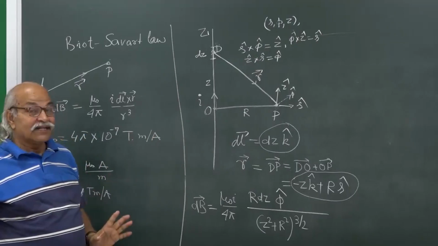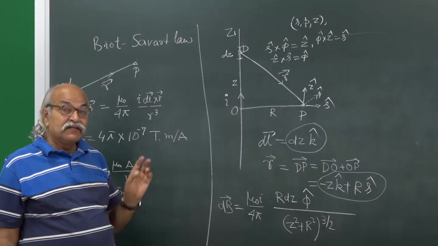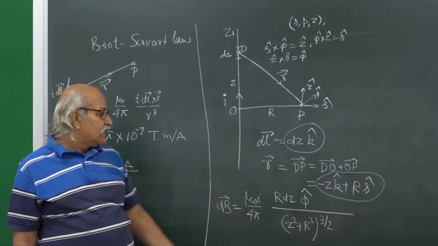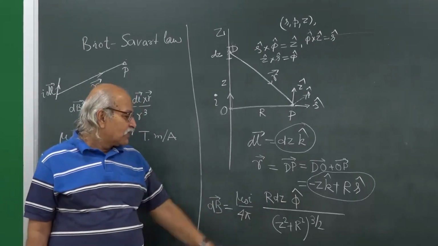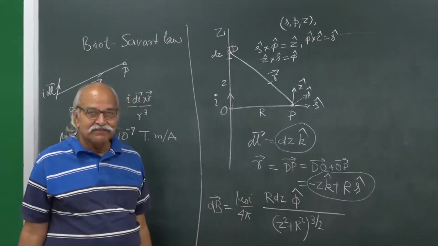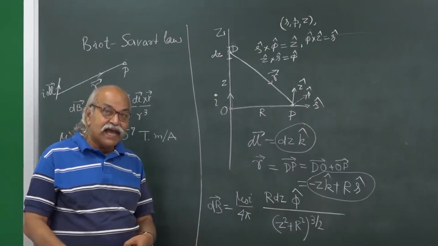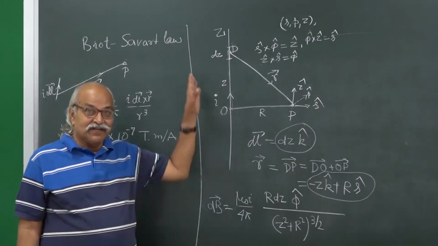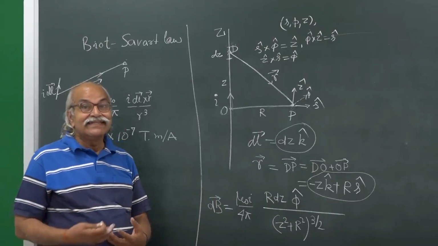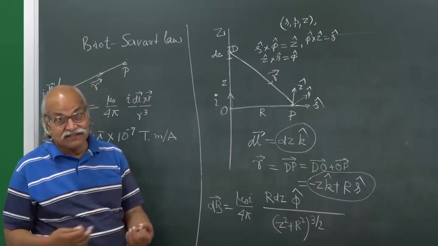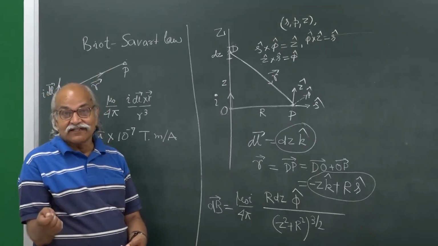So we have to integrate, but be careful. If it is Cartesian coordinates, and you have i cap, j cap or k cap here, no problem. But in cylindrical coordinates, k cap is fine, but s cap and phi cap can change their directions depending on which point you are working at.